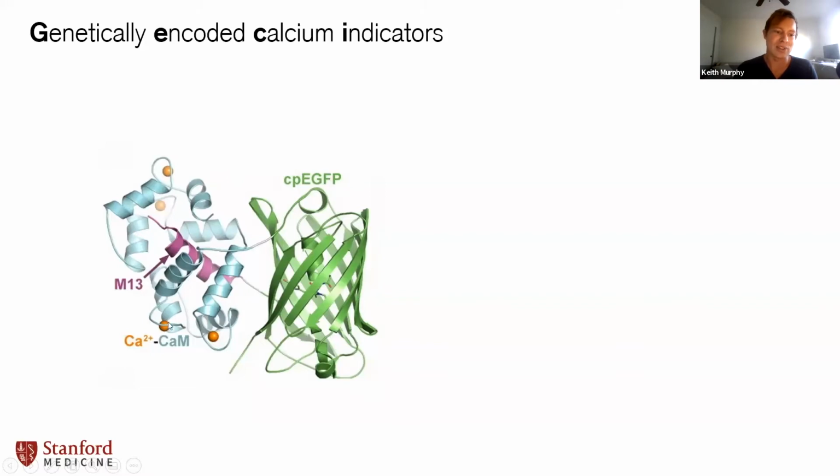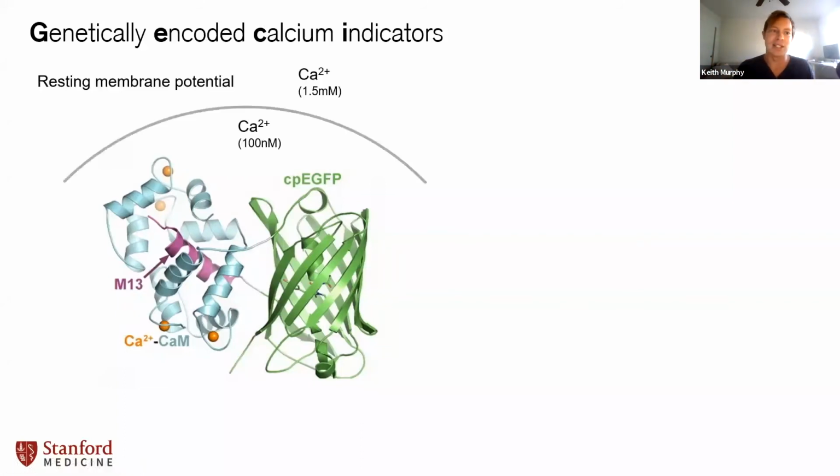And you can see that there's a little binding pocket for calcium. In the absence of calcium, this large molecule will actually shift relative to our implicit fluorophore, green fluorescent protein. So if it shifts a certain way, it will not fluoresce. If calcium is present, these molecules will bind together and become fluorescent.